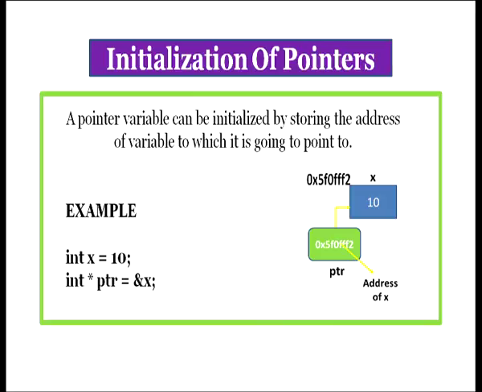So, ptr is a pointer of type integer. Ampersand means address of. So, it means we are storing the address of x in ptr. So, you can see ptr is a pointer variable and instead of holding a value, it is holding an address of a variable.